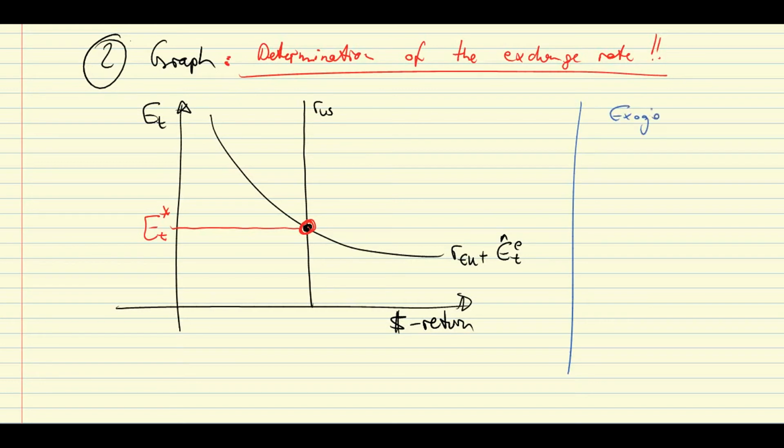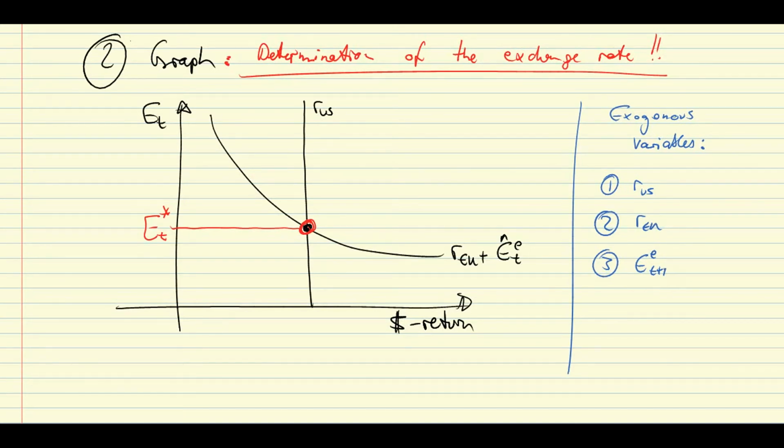That happens in combination with three exogenous variables, which is the interest rate in the US, determined in US financial markets, primarily by the interaction between the Federal Reserve and domestic financial market participants. The same for the ECB in Europe. And third, the level of the exchange rate expected at the end of the period, ET plus 1.